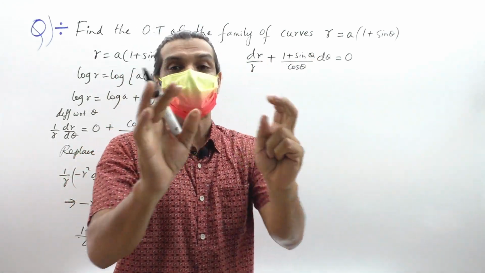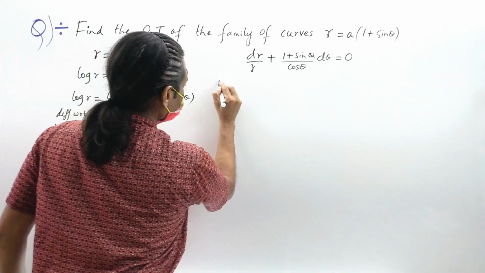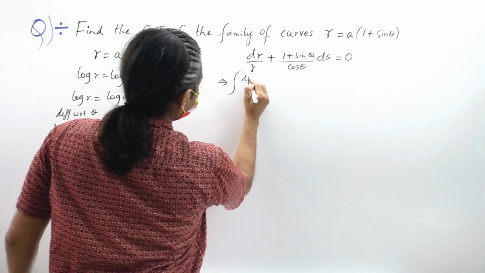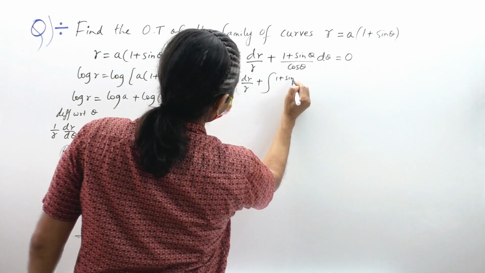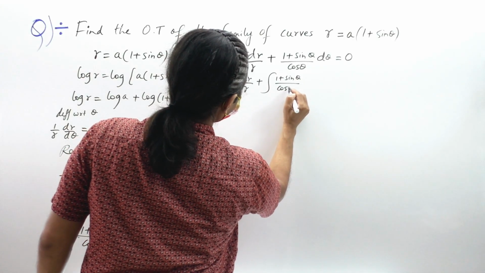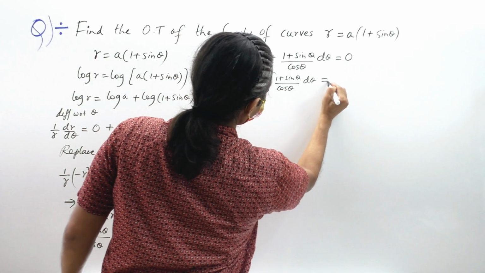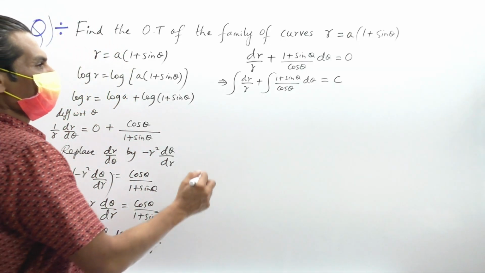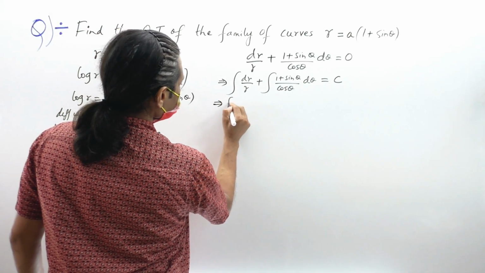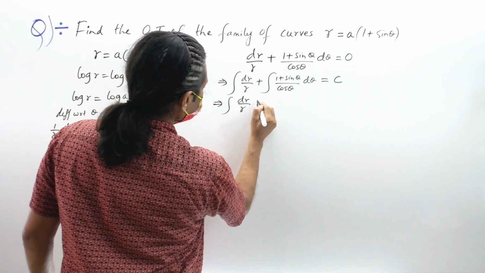Simple integration. That's it. So we have integration of dr by r plus integration of 1 plus sin theta by cos theta d theta equals c. When I integrate, there's a constant c here. Again I will simplify this.